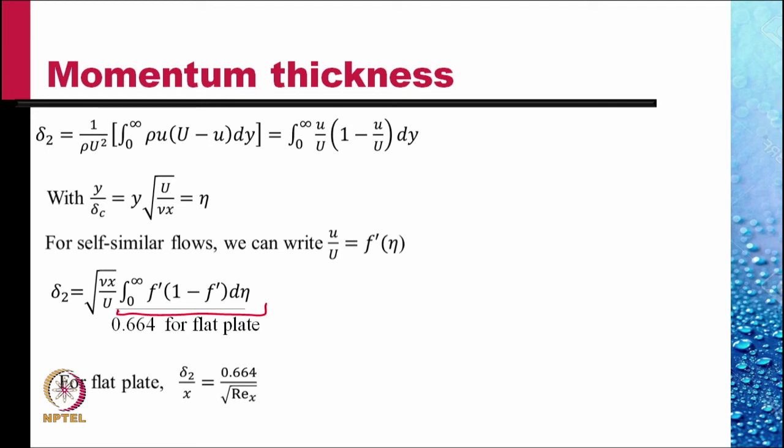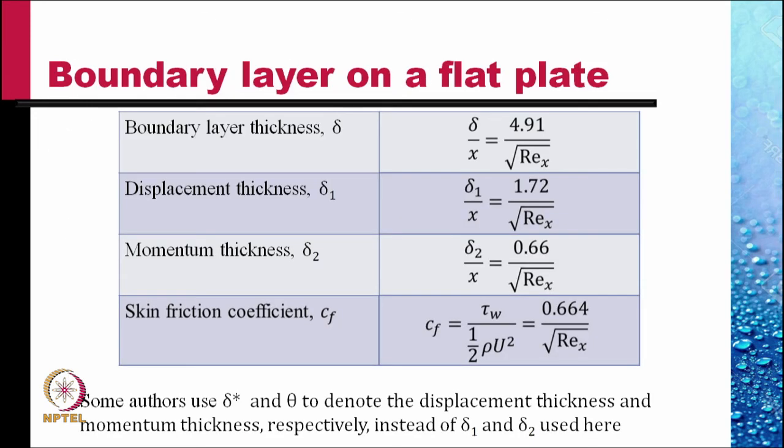In this table, we summarize some results for a flat plate boundary layer. The boundary layer thickness delta, defined as the location where 99% of the inviscid flow velocity is reached, is given by 4.91 divided by under root Reynolds number.